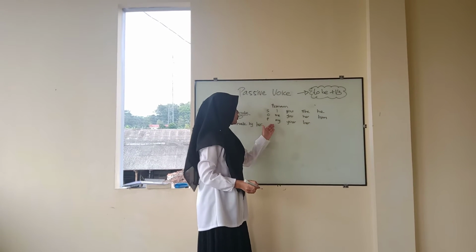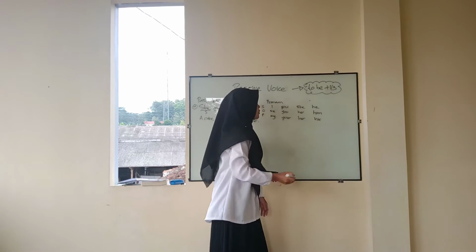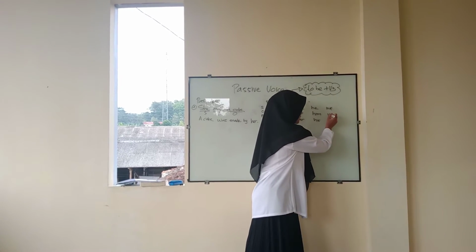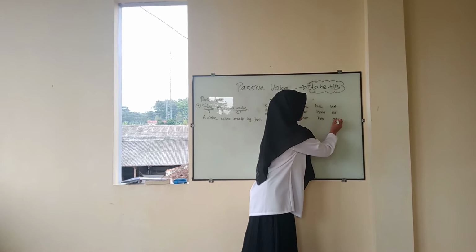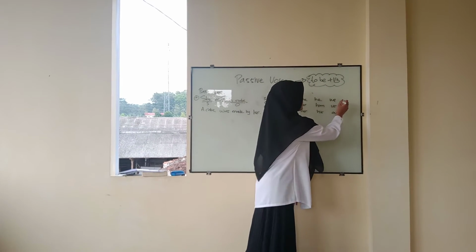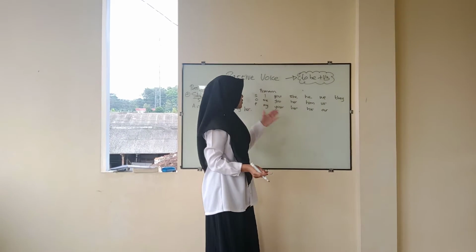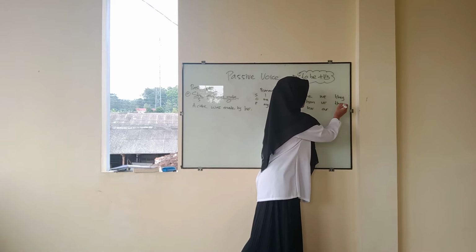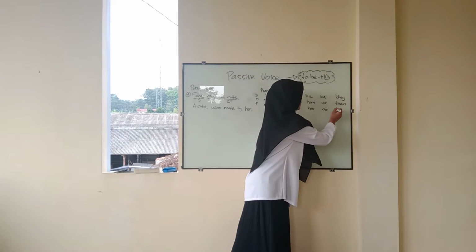And the possessive is his. For we, the object is us, and the possessive is our. The last one is they. Do you know the object for they? Them. And the possessive is their.